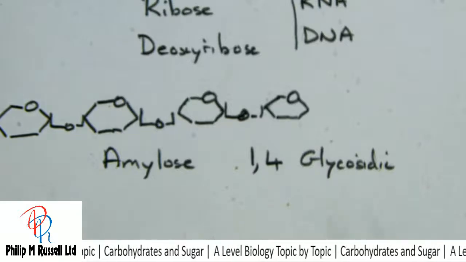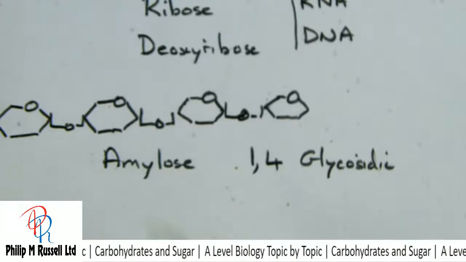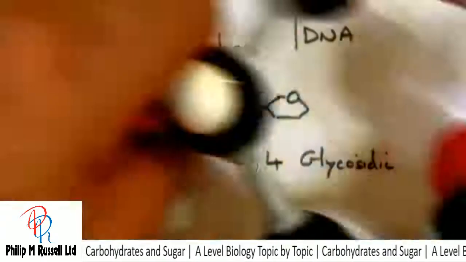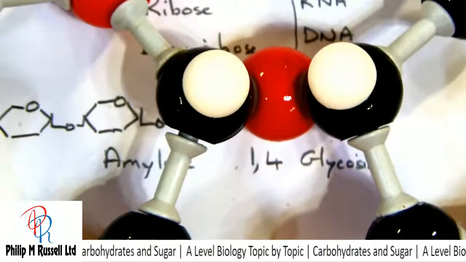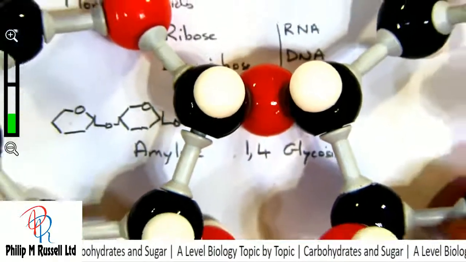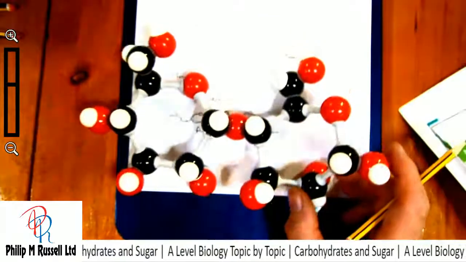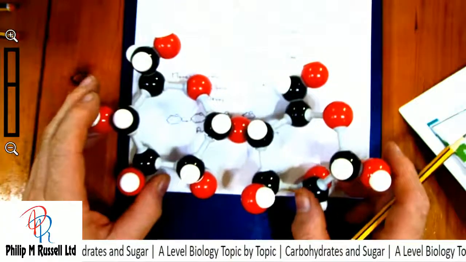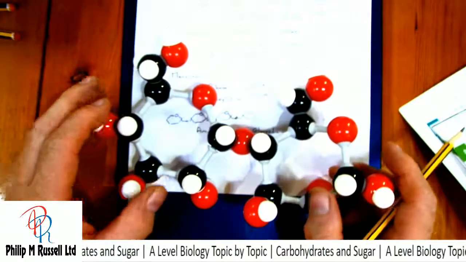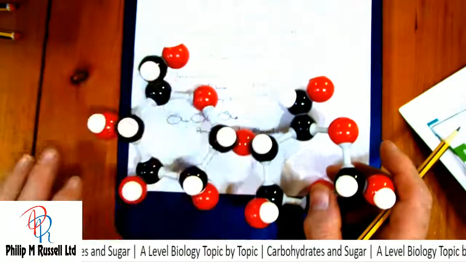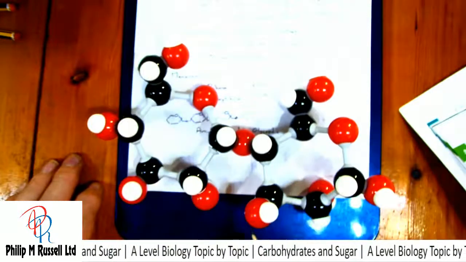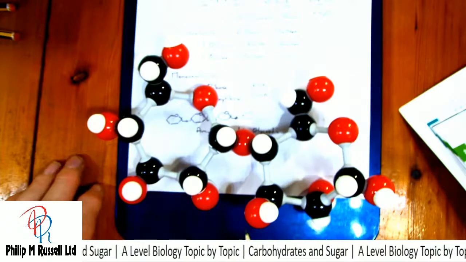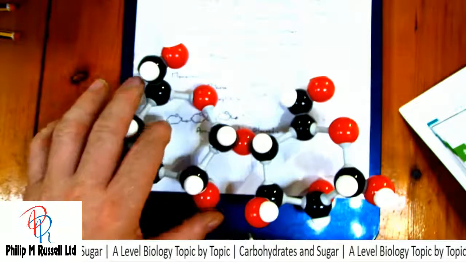The angle of the bond means that this is a long chain which is very, very slightly twisted. You can see it's very, very slightly twisted, and this means that when amylose is formed, it actually twists to make a helix.